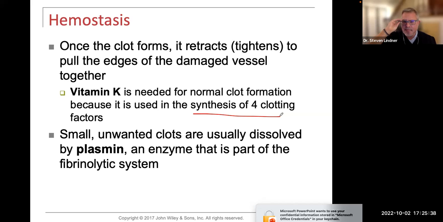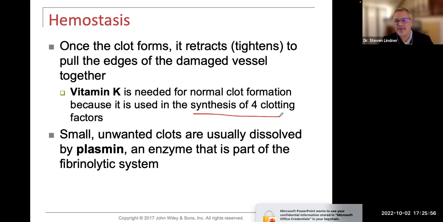In fact, when people need vitamin D, we don't give it without vitamin K anymore. Vitamin D helps us absorb calcium, but now we have calcium in the blood vessels. We need vitamin K to drive calcium from the blood vessels into the bone.